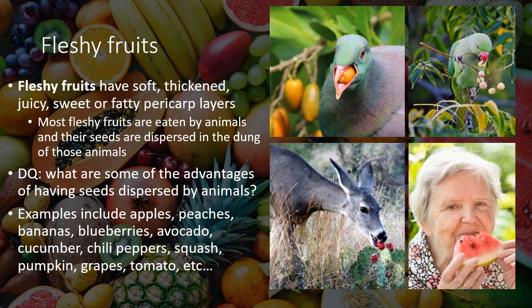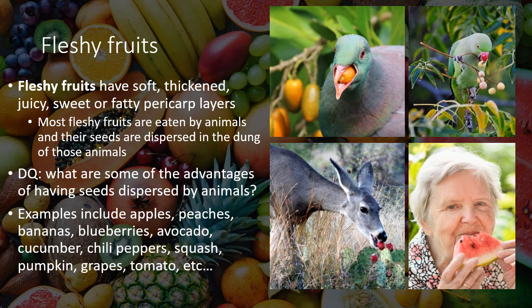Additionally, by recruiting an animal to move your seeds, you can sometimes, as a plant, have a say in where that seed goes. For example, if an animal likes to spend a lot of time resting in the shade, and you are a species of plant that likes to germinate in the shade, then recruiting an animal which spends a lot of time resting in the shade and is likely to defecate in the shade might help your seedlings survive.